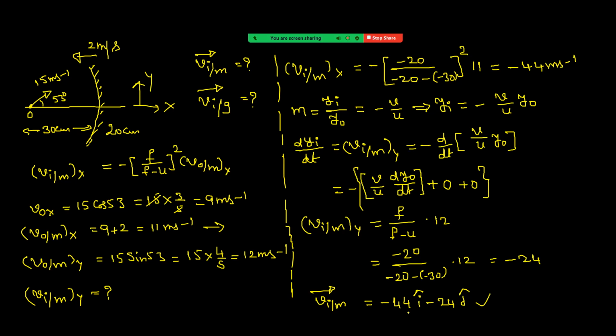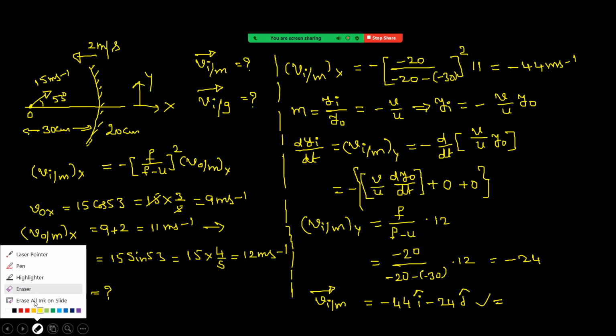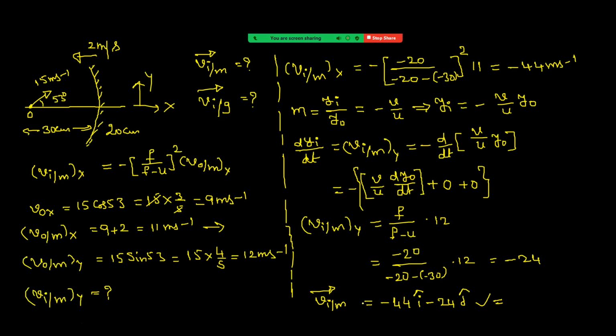Then see what I am doing here. After having this, equal to velocity of image with respect to ground, right? Wait, we have to find velocity of image with respect to ground. Then this is velocity of image minus velocity of mirror. So velocity of image in ground frame minus velocity of mirror. See from that what we can get.